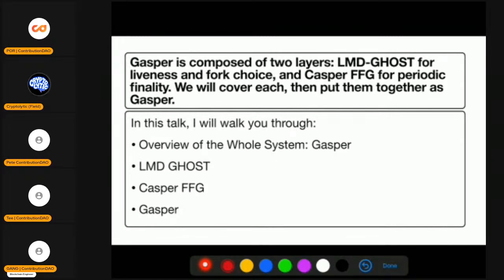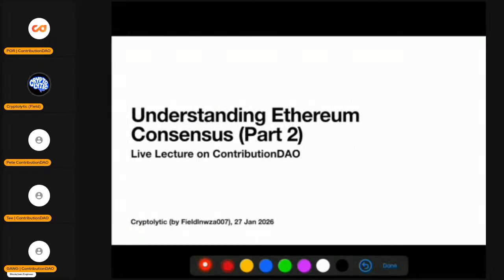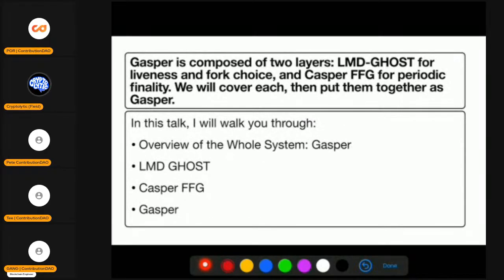We are still with the Ethereum consensus protocol, and this is part 2. In this talk I am going to cover Gasper, the consensus protocol of Ethereum proof of stake, or Ethereum 2.0.